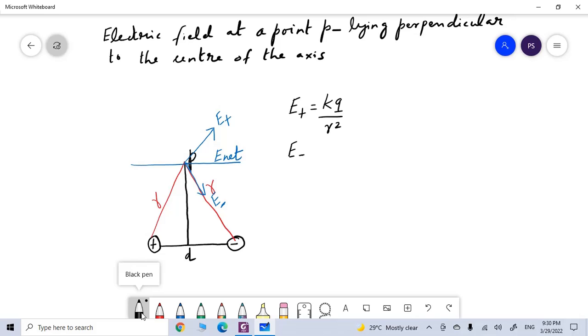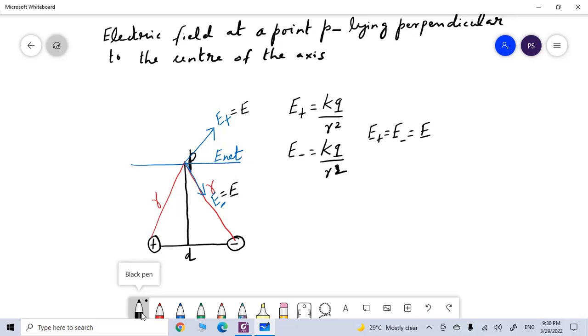E minus is also going to be KQ over R square. So both are one and the same. It's fair to say that E plus is equal to E minus is equal to E. So this can be called E, and this also can be called E.